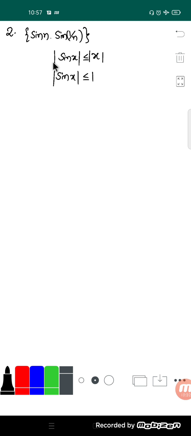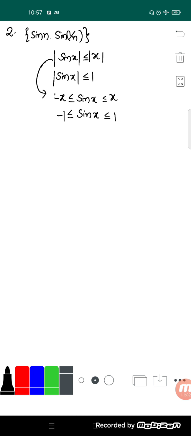So from the first inequality, sine x is less than or equal to x and greater than or equal to minus x. From the second inequality, sine x is less than or equal to 1 and greater than or equal to minus 1, right?